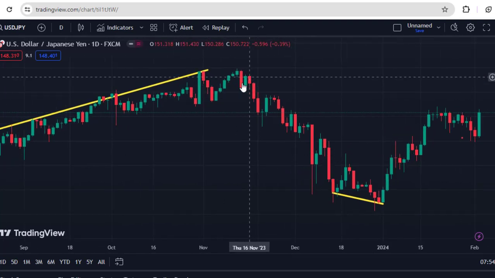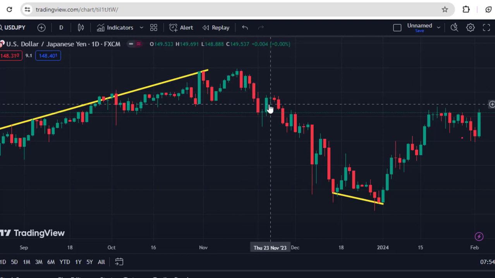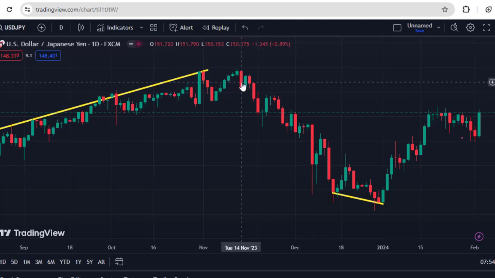This candlestick as well is a bearish candlestick reversal pattern. So this candlestick triggers the market to move downward, and this is very important, and you must learn how to recognize these candlestick patterns.